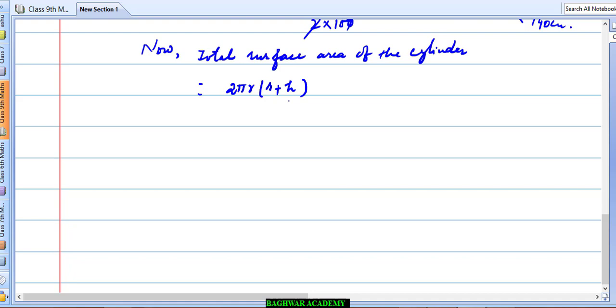So this will be 2 into 22/7 into r is equal to 0.7, and again 0.7 plus 1.